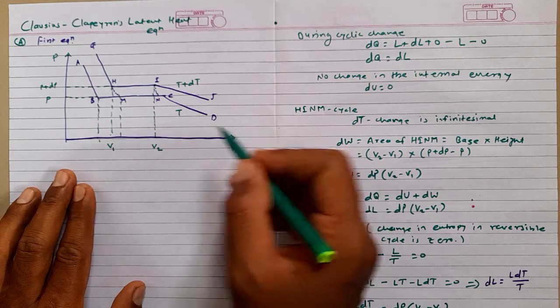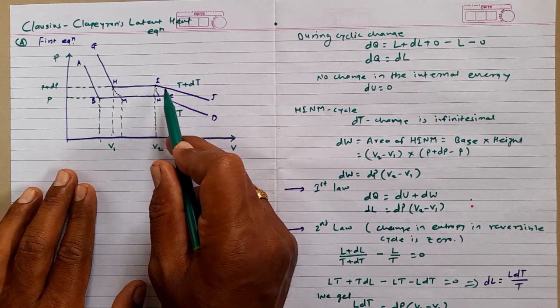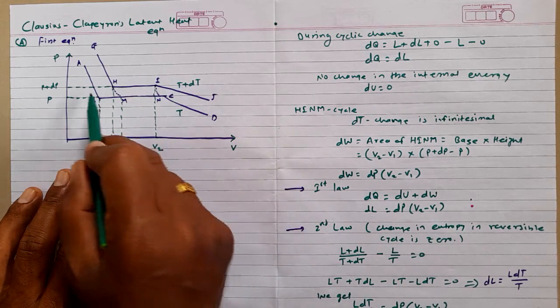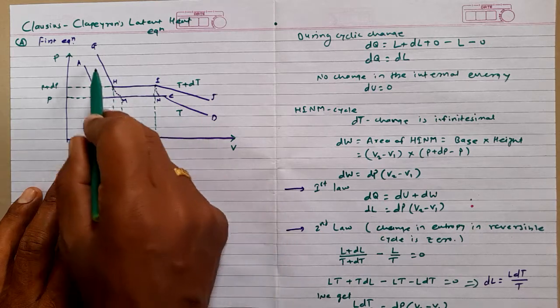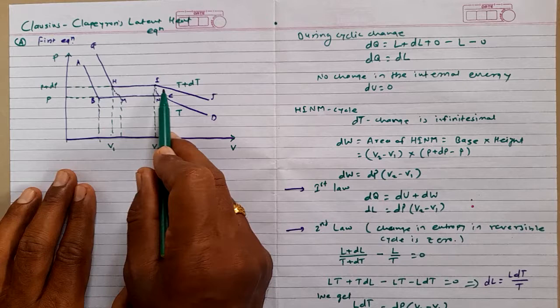Both processes go through three different parts: AB, BC and CD, and similarly GH, HI and IJ.